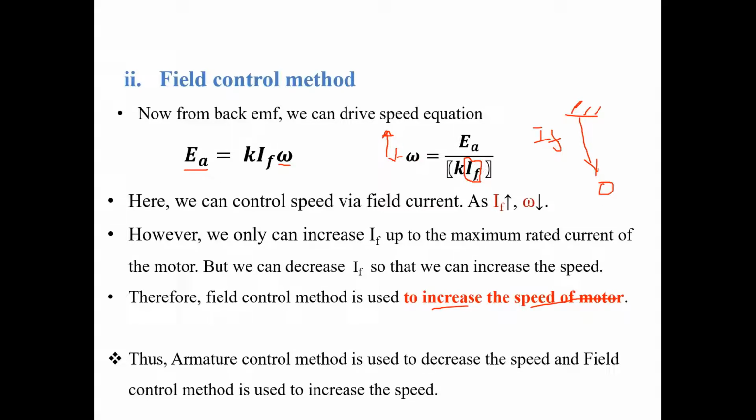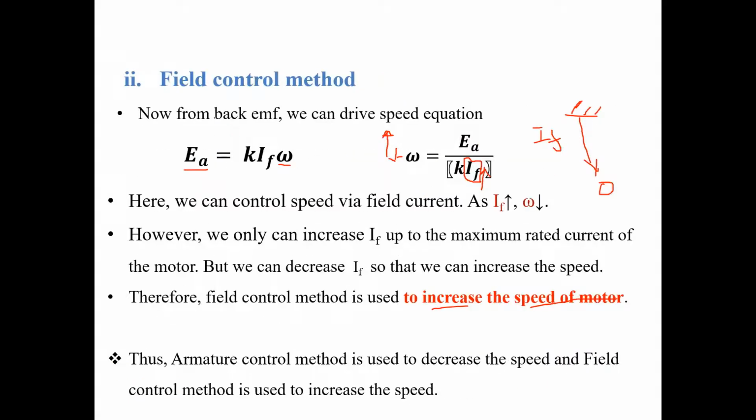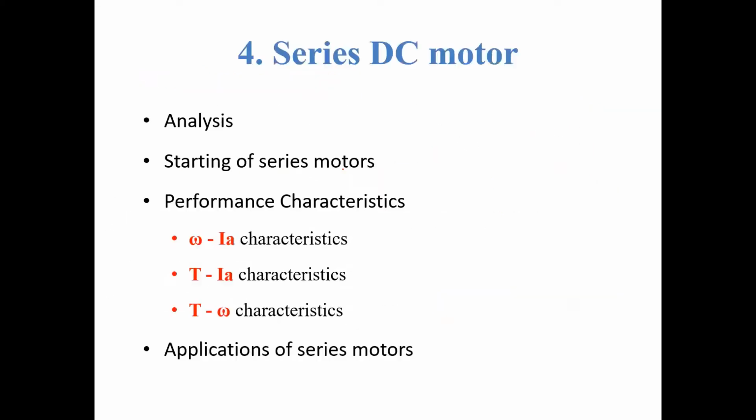To decrease the speed, we have to increase the field current beyond some rated value, which is impossible. So usually the armature control method is used to decrease the speed, and the field control method is used to increase the speed. So these are the two methods applied to control the speed of the DC motor.